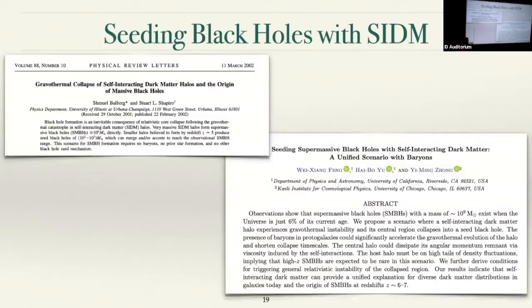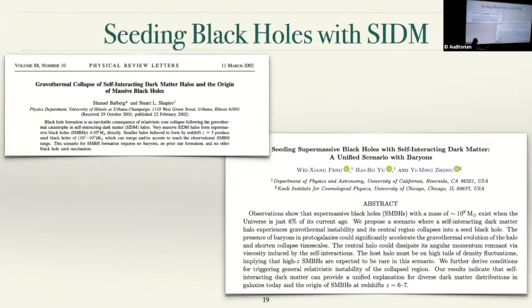This idea of gravothermal collapse has become very interesting to the SIDM community because it may be a way to actually produce black hole seeds and help with these really supermassive black holes of 10 to the 9 that exist when the universe is only 6% of its current age.